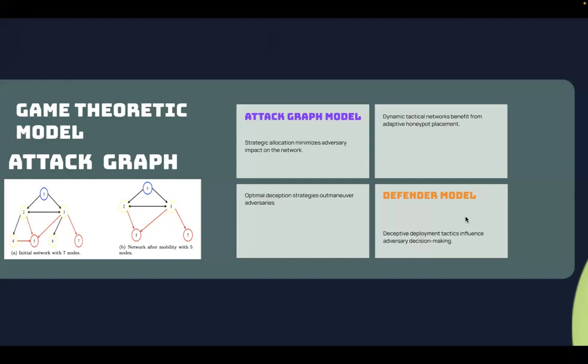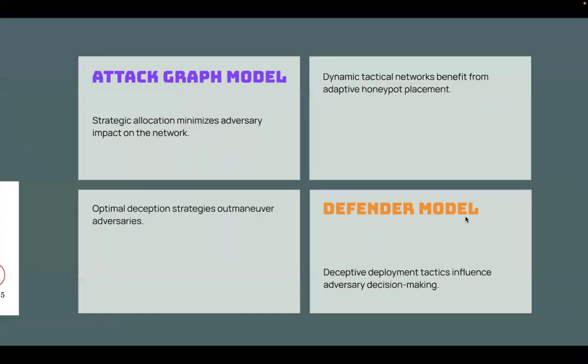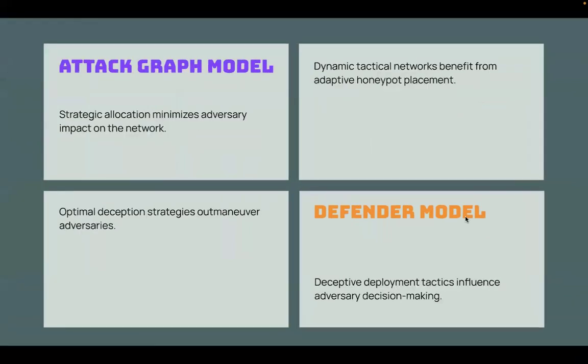Dynamic tactical networks benefit from adapting honeypot placements, and the optimal deception strategies outmaneuver adversaries by using a game theoretic model, or we can say the attack graphs. Now the defender model.